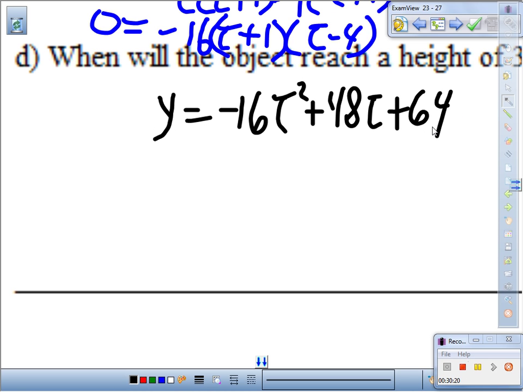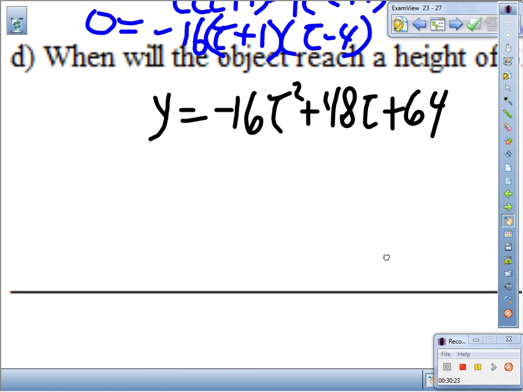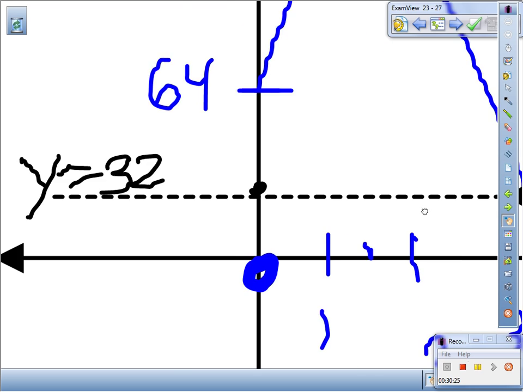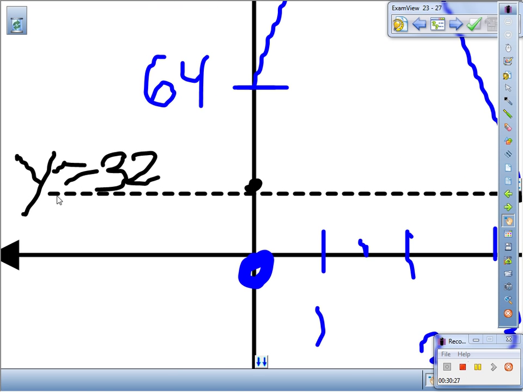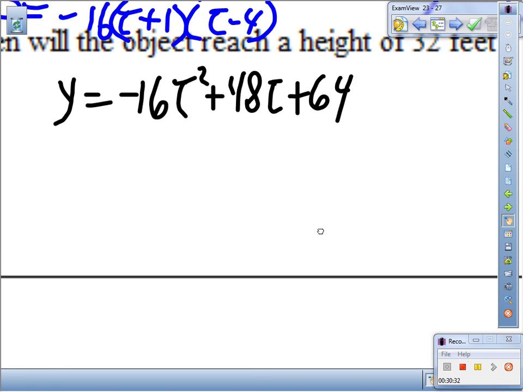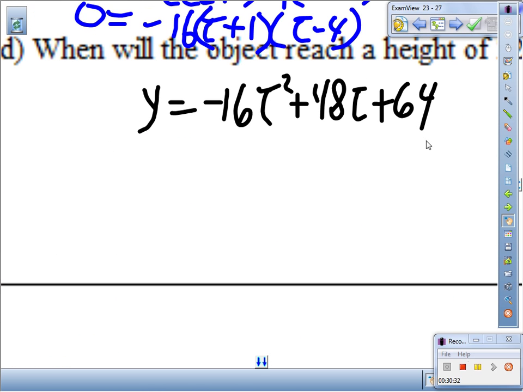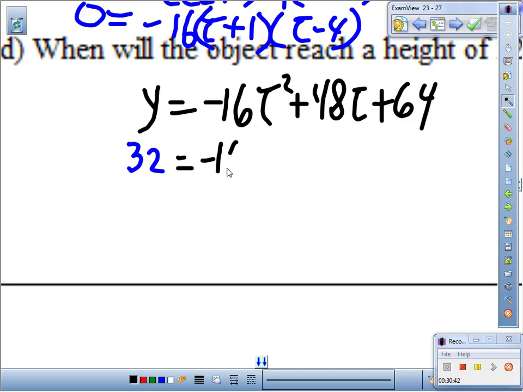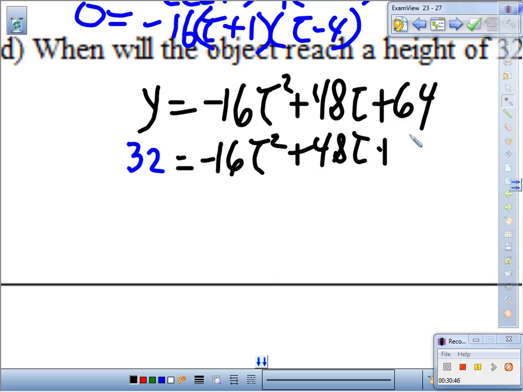Is that correct? But we said on the illustration that they want to know when it hits the what? Y equals what? 32 feet. So what do I have to do here? Change y equal to 32 feet, equal to negative 16t squared plus 48t plus 64. Copy this for part D, 23D. We're going to do this part together.